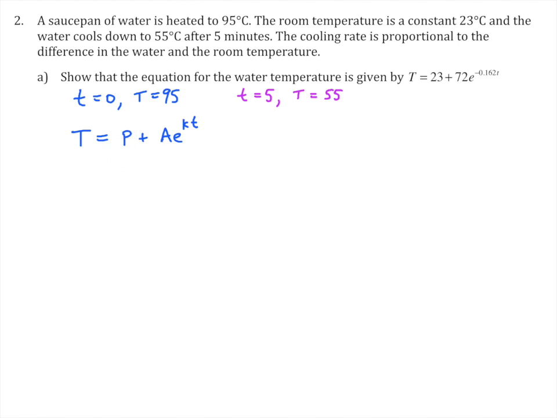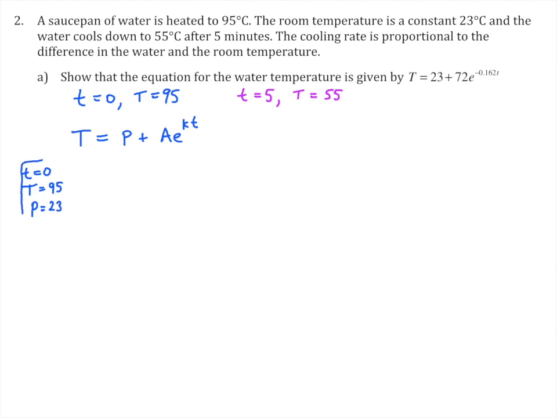Now, what we'll do is plug in the values that we know. When time equals 0, the temperature is 95, and room temperature is 23.